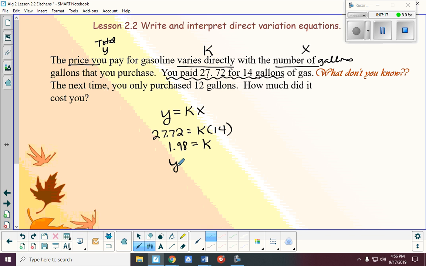So the direct variation equation for this problem is y equals $1.98x. So then in the next part of the problem, it says, next time you only purchase 12 gallons. Well, gallons, the number we purchase, is x, so we will put 12 in for x. And we end up with $23.76. That would be our total cost.